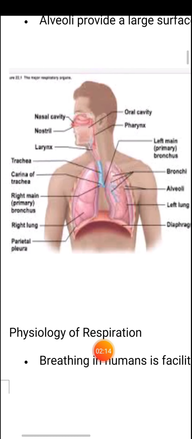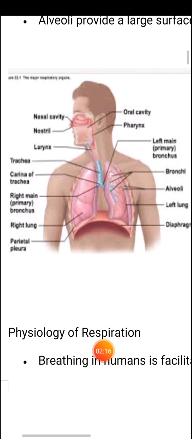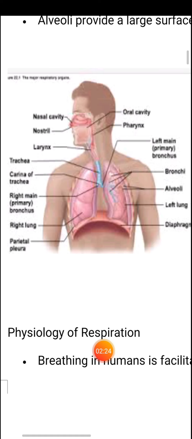And this trachea is protected with C-shaped cartilage. In this diagram, the C-shaped cartilage is shown in a sky blue color. And this trachea is divided into two branches, one to the right side and another to the left side.